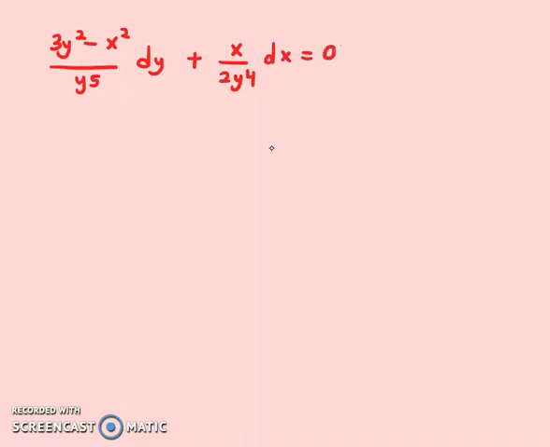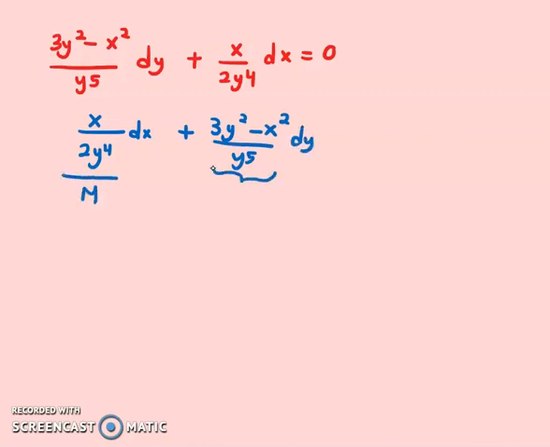Now we want to solve this. To solve this using exact equations, we have to rearrange it first. We have x over 2y to the fourth dx plus (3y squared minus x squared) over y to the fifth dy, and obviously this is my M and this is my N.